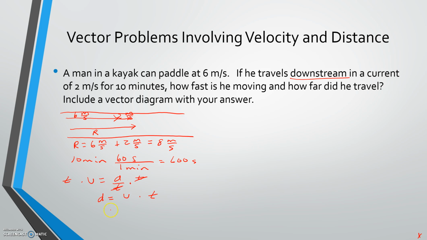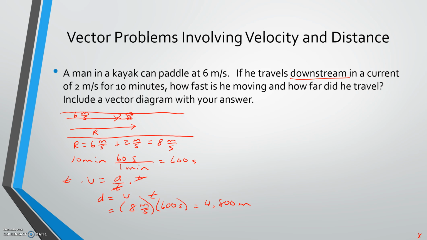Now we'll plug in our numbers. So we've got 8 meters per second for our velocity. We'll multiply it by 600 seconds, and that's going to give us a distance of 4,800 meters.